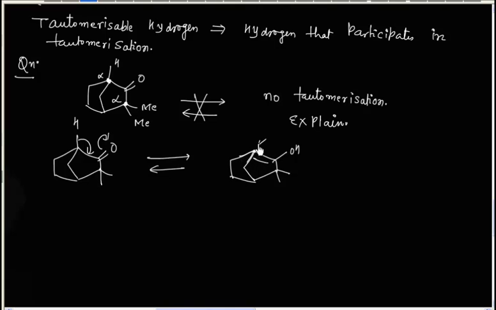For sp2 hybrid orbitals, the bond angle should be 120 degrees. But in this case, geometry does not allow a bond angle of 120 degrees. So this hydrogen does not participate in tautomerization. This bond angle cannot be 120 degrees. This bond angle cannot be 120 degrees.